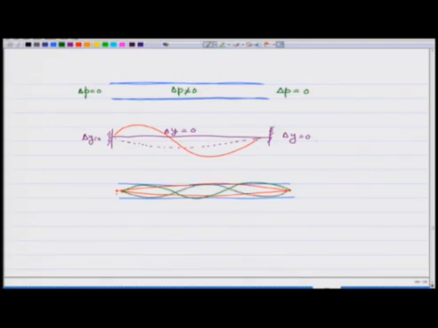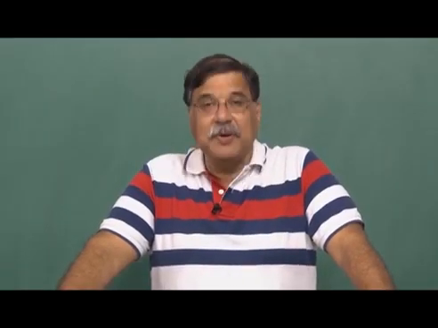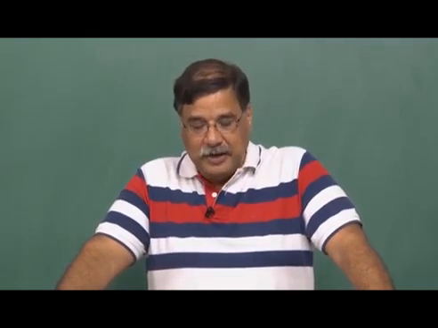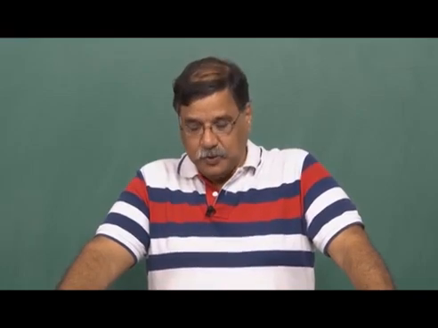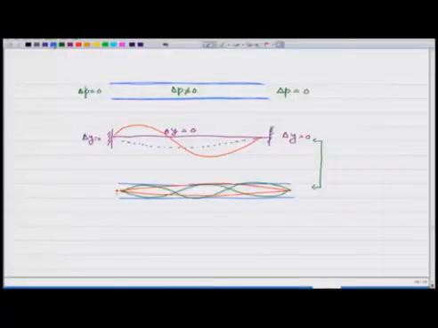But you see, the change in pressure as a function of length is exactly the same as the change of displacement of a string as a function of length on it, and therefore, their vibration frequency should be the same. Now, how do we deduce that?